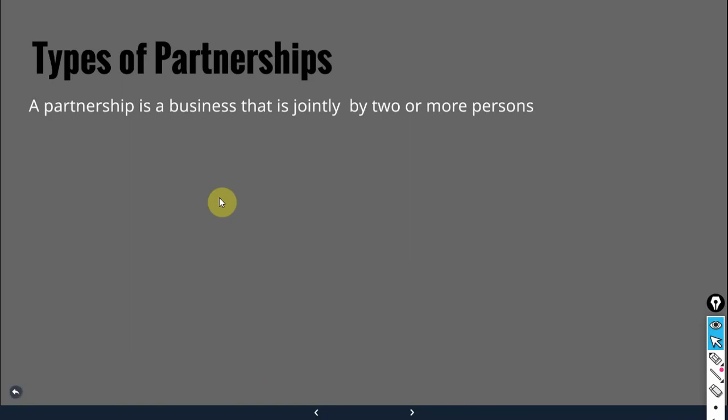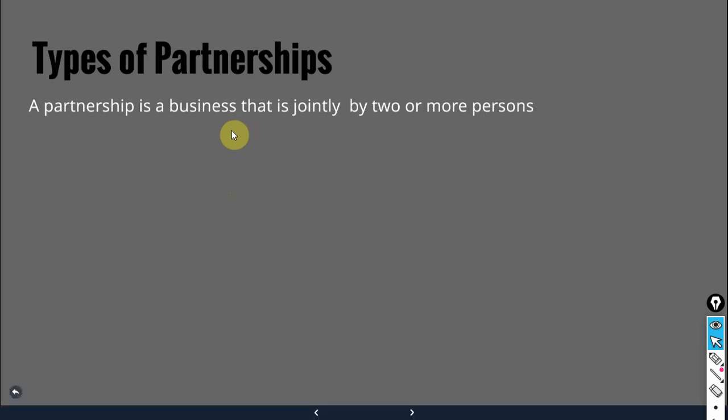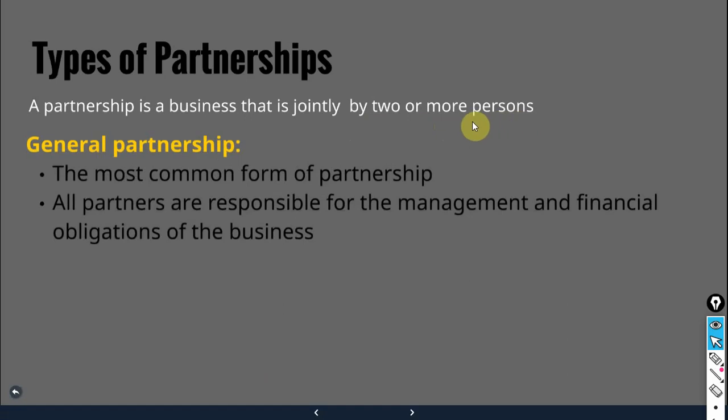Types of partnerships. We're going to talk about the second form of business, which is partnership. A partnership is a business that is joined by two or more persons. There are two types of partnership. The first one is called general partnership, which is the most common form of partnership.